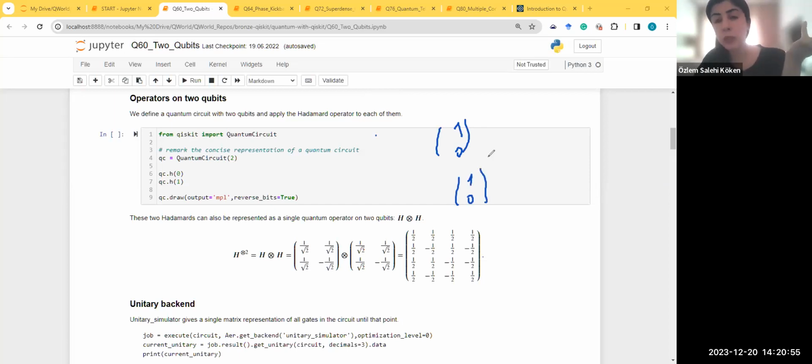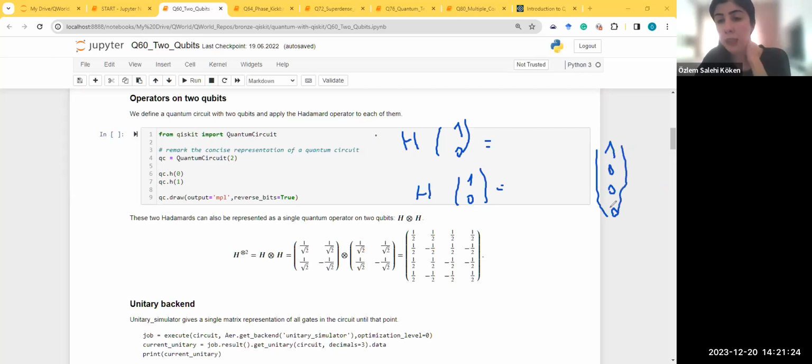To write the new state of the system, you could apply Hadamard to this and Hadamard to this one, get the results, and then take the tensor product to write the resulting state. But what is the operator I should apply to this state to get the same result?